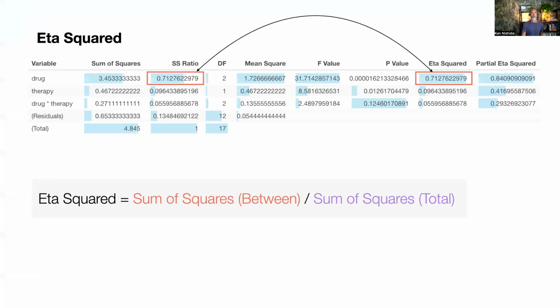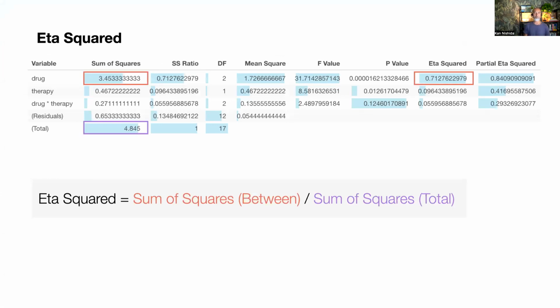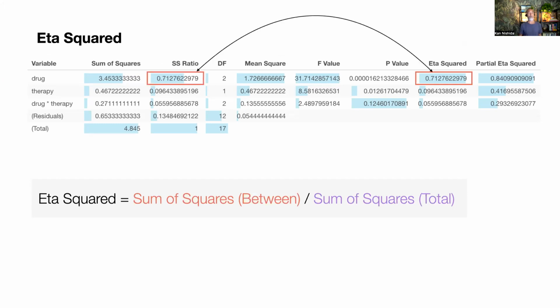Eta squared is basically the sum of squares for the between divided by the sum of squares of total. So basically the ratio of the sum of squares of a given variable, which means that when you look at the SS ratio column, that value is exactly the same as the eta squared.